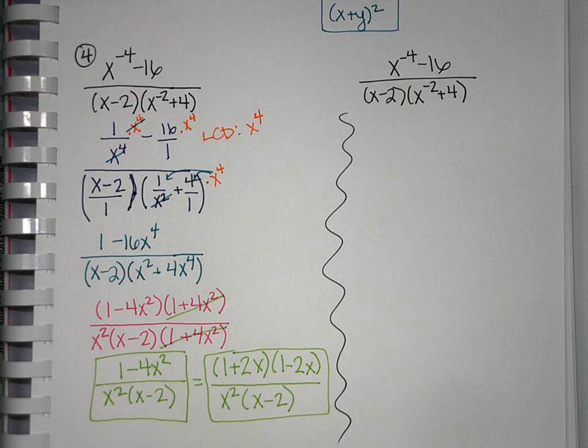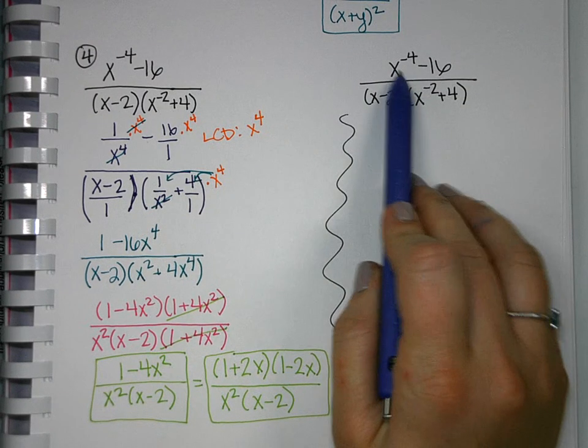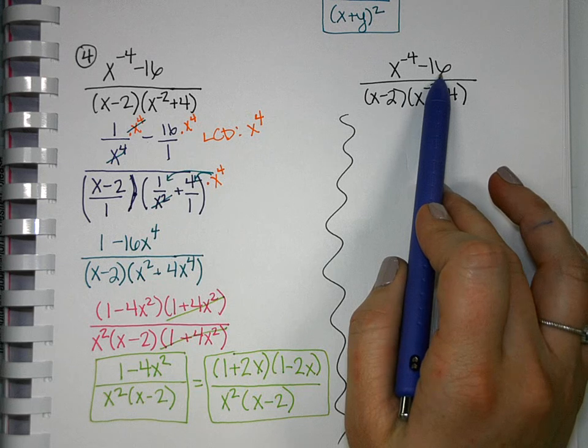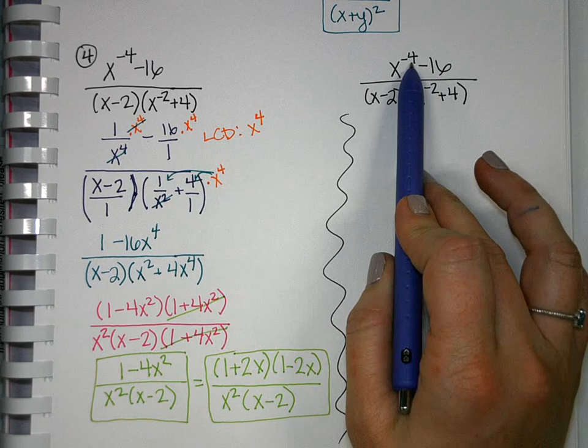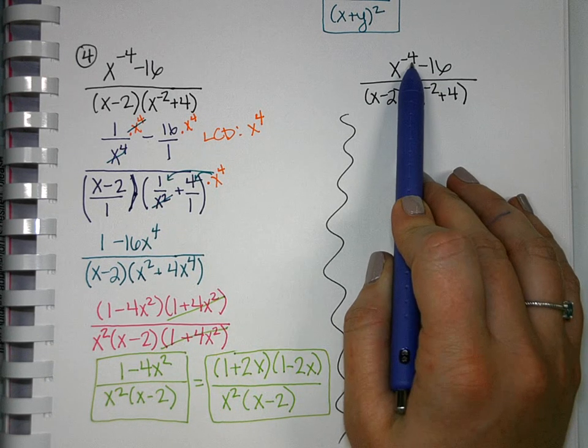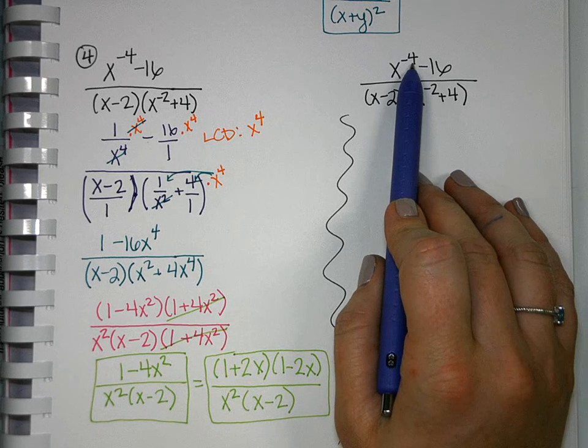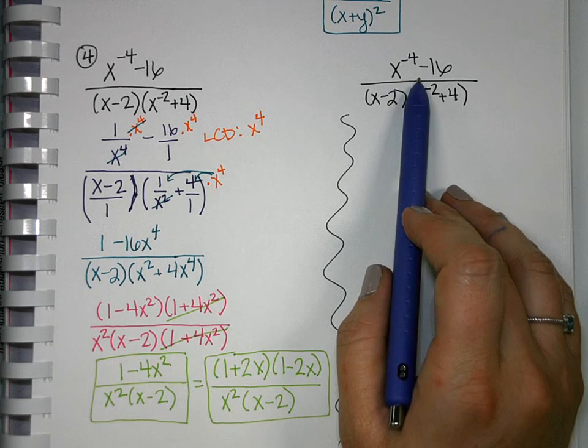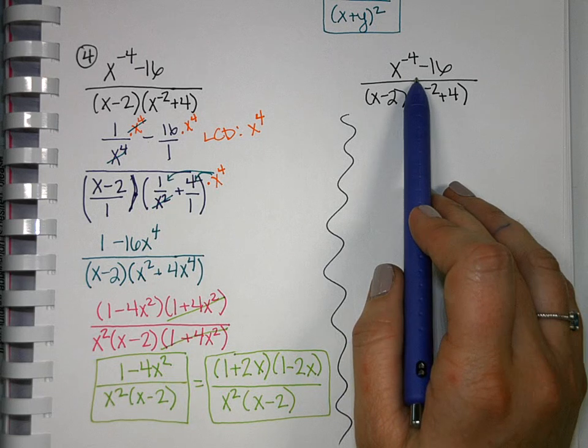So one of the ways we can start on the same problem is, can you factor this right off the bat? Even though this is negative, because it's an even number, it's a difference of squares on top. So how we would factor it would be the same.